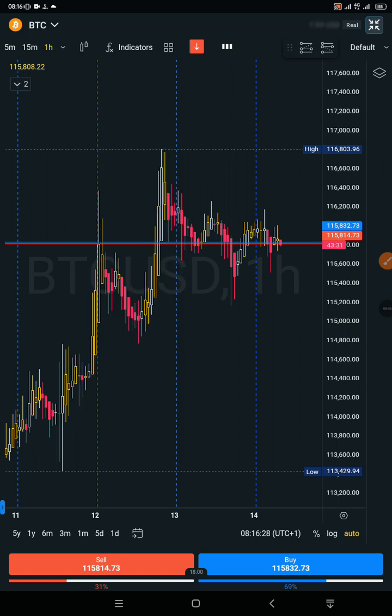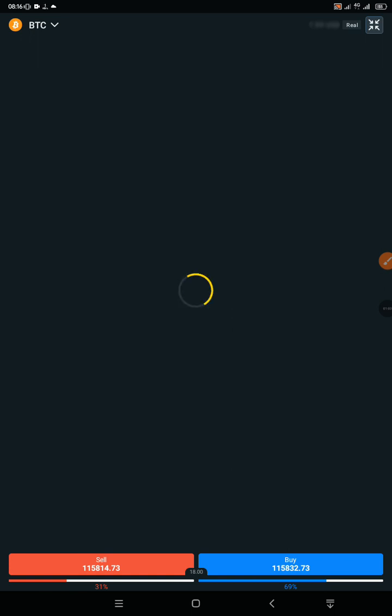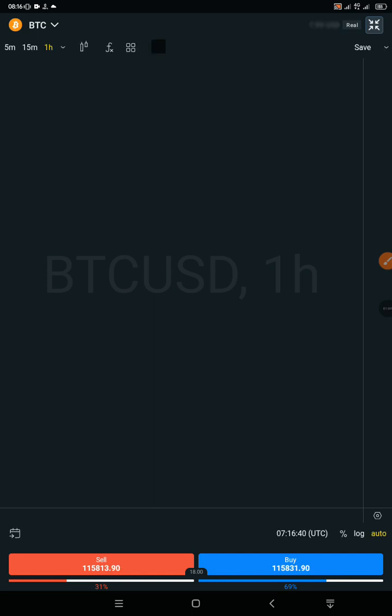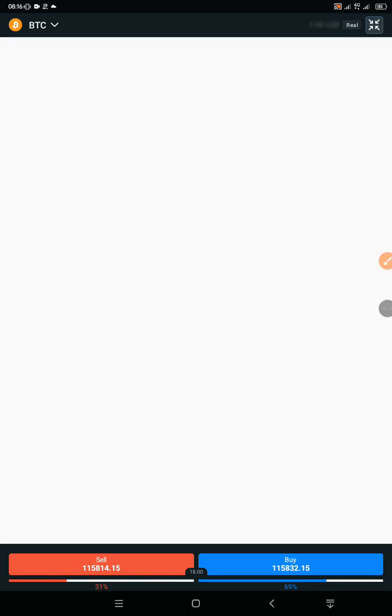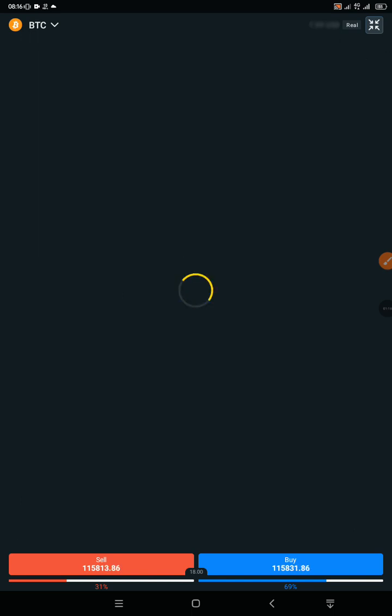So I would like to draw a distinction between the Heikin Ashi candlestick and the Japanese candlesticks, which is quite popular. In terms of popularity, the Japanese candlestick has more popularity among traders.